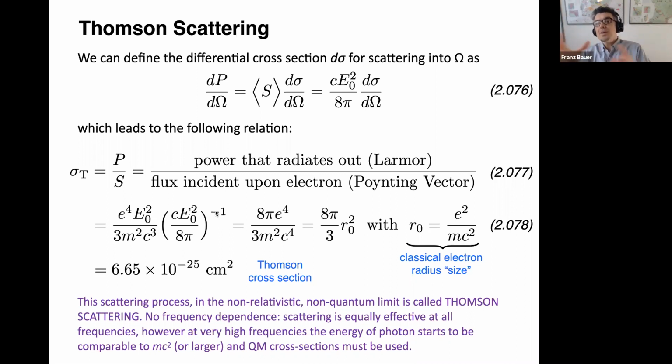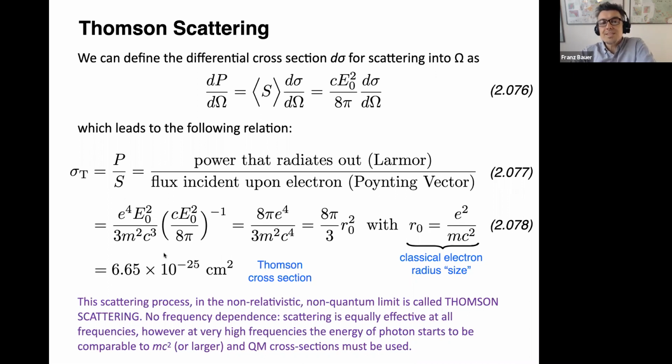But ultimately, we could think of the whole process as happening so fast that it's not absorbed, but that you get some conservation of energy, and this ends up being a scattering process. So this whole process is non-relativistic. It's very far outside of the quantum limit. And in these two limits, this is what's known as Thomson scattering.